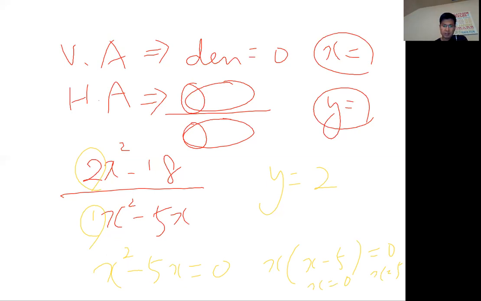A similar question like this, but it looks a little bit different now. 2x plus 2 over x minus 3. Now the question is, if you actually distribute the top one, 2x squared plus 4x minus 3.